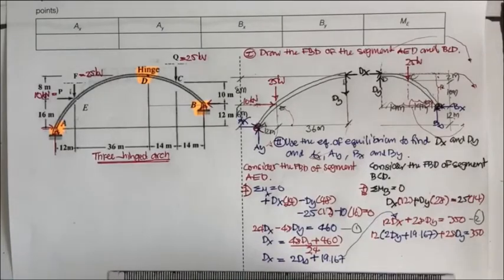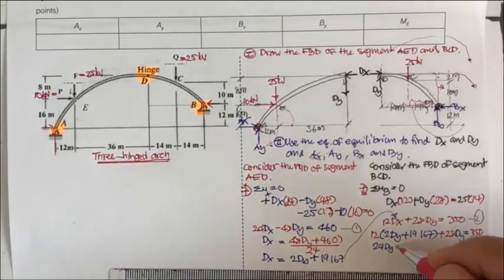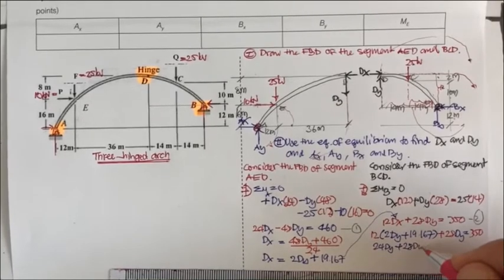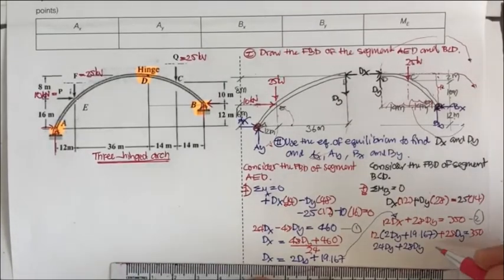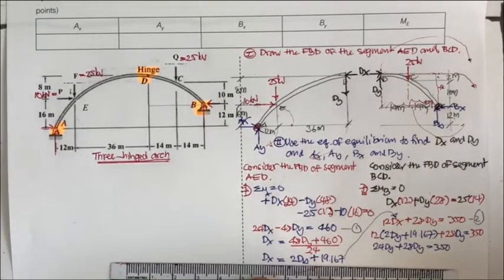Okay, you're going to have 24 d sub y plus 28 d sub y, and then you're going to get 350, and then what you have is going to be minus 12 times 19.167.